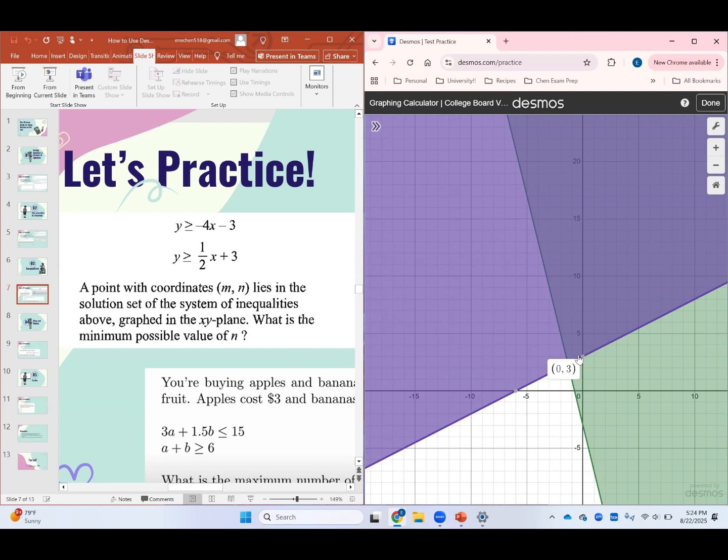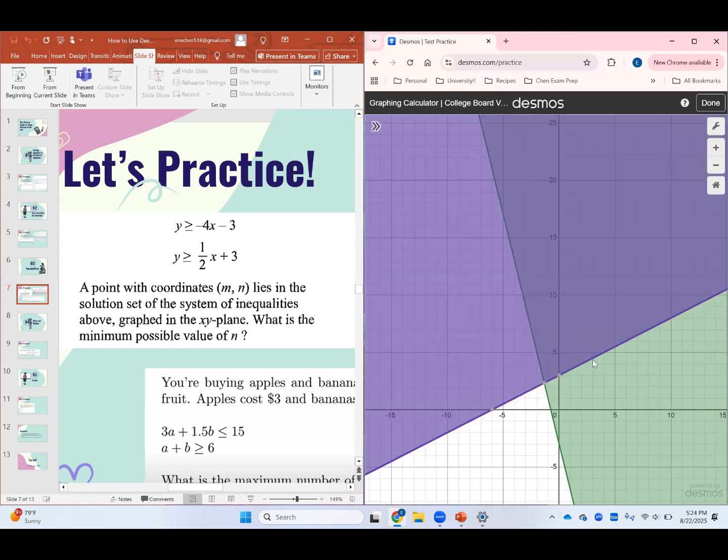So if I click on this point and hover over it, I can quickly see that my minimum possible value of n is 2.33333, or 7/3.